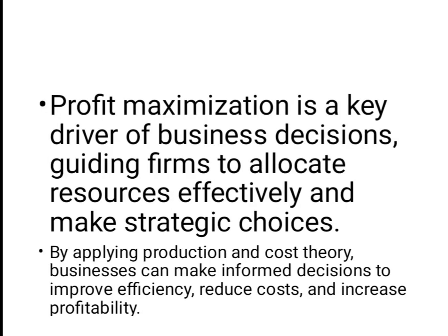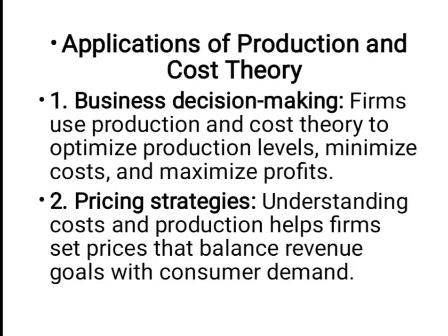Profit maximization is a key driver for business decisions, guiding firms to allocate resources effectively and make strategic choices. By applying production and cost theory and also maximizing the profit, the business can make informed decisions and improve efficiency, reduce costs, and increase profitability.